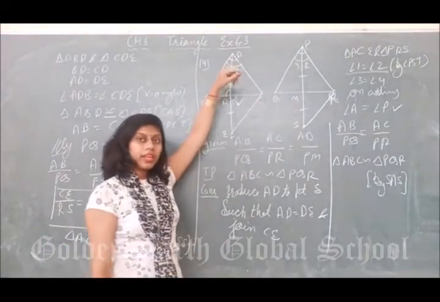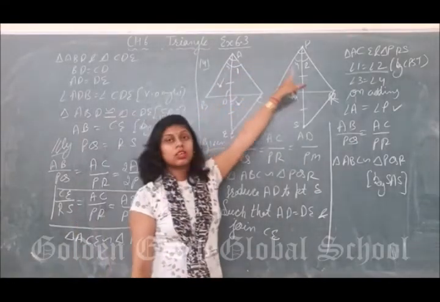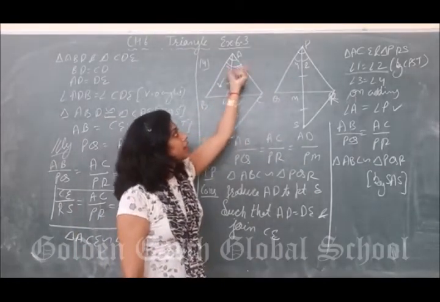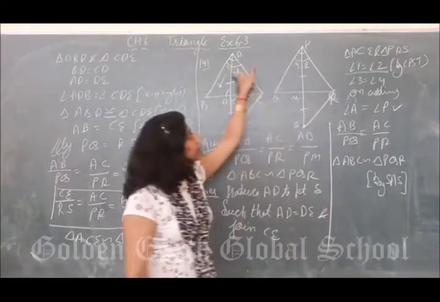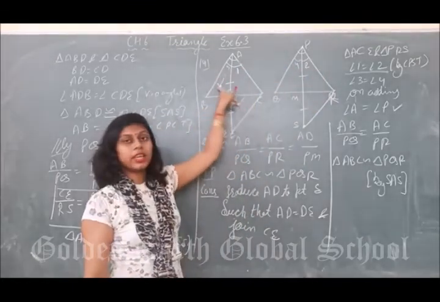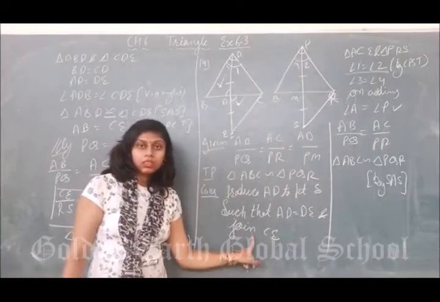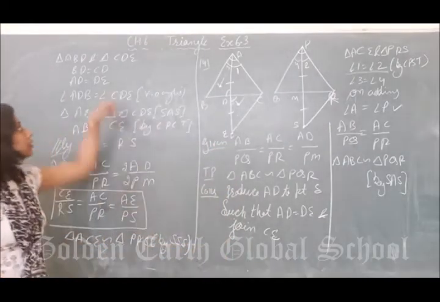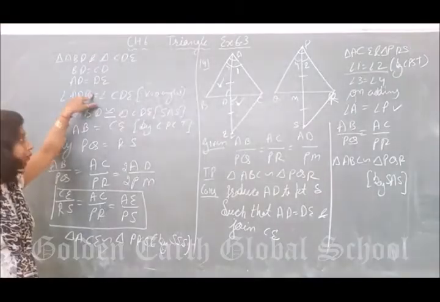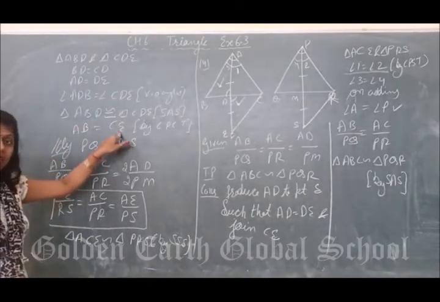To prove angle A is equal to P, we need this smaller part, this angle 1 and 2. To prove angle 1 and 2, we have to do firstly congruency. So do the construction, then prove congruent triangles, take the corresponding parts equal.